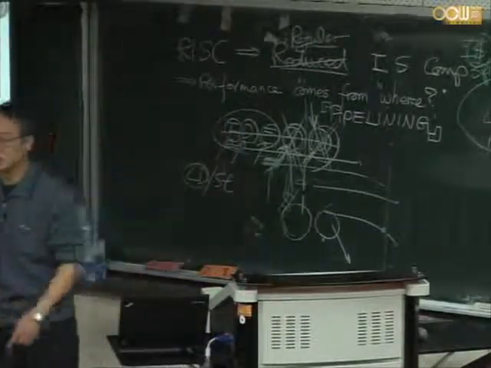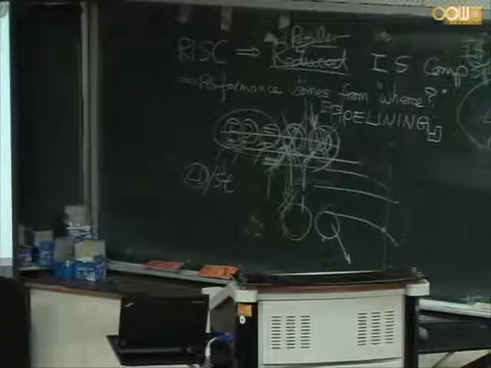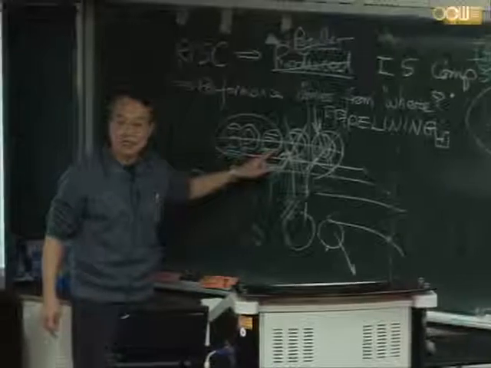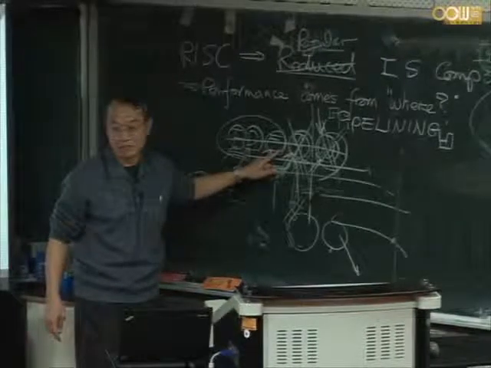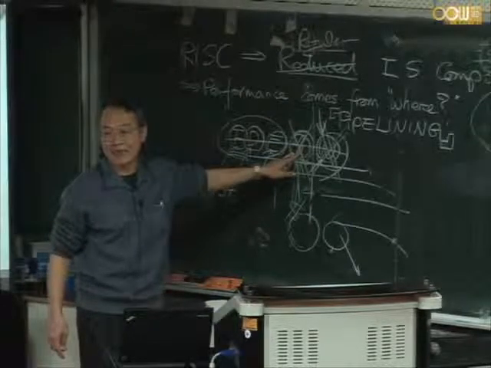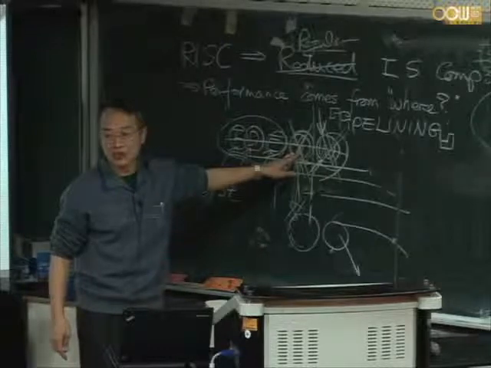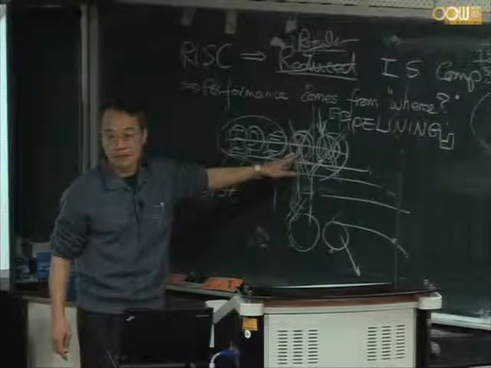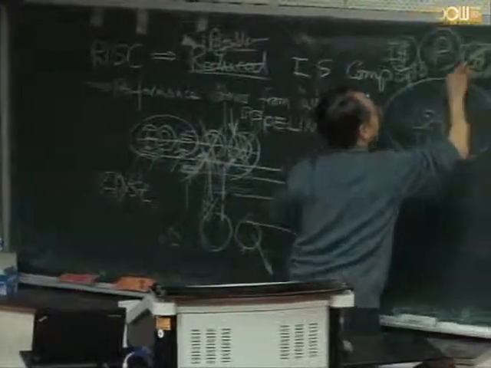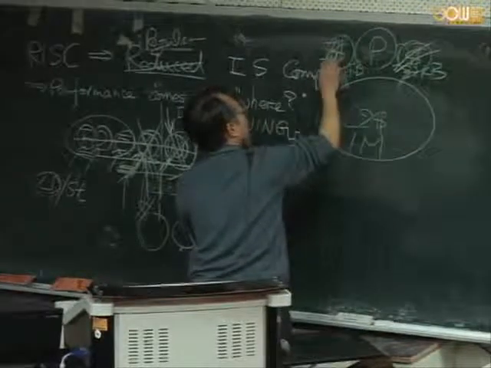Okay, so we talked about almost everything. Now, let's continue. We know that the instructions should be of the same length. We know that the instructions better have the same formats. We know that all the allowed operations better be simple enough. Okay, and we know that the cache should be accessed fast. And 2 caches are preferable, even though some low-end processors nowadays still use only 1 cache for both the instruction and the data.